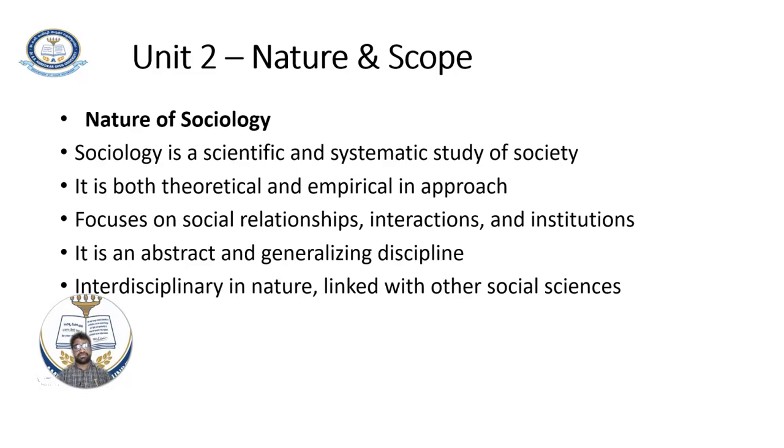And sociology depends on other social sciences, therefore it is interdisciplinary in nature. It is linked with other social sciences, particularly economics, political science, history, public administration, anthropology, and so on and so forth.